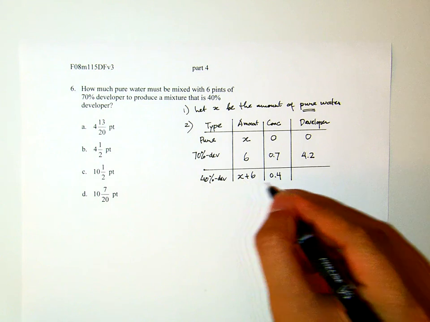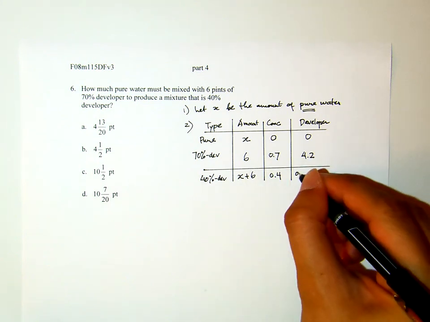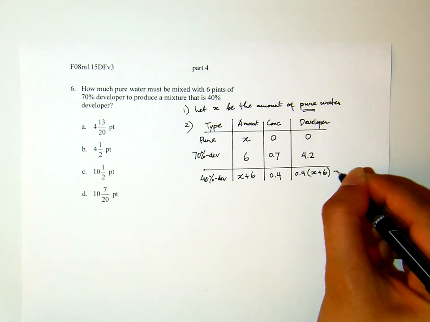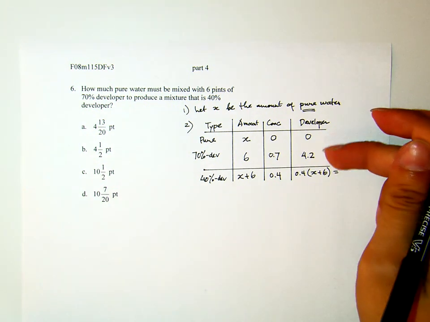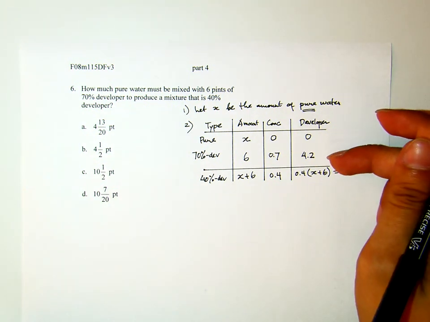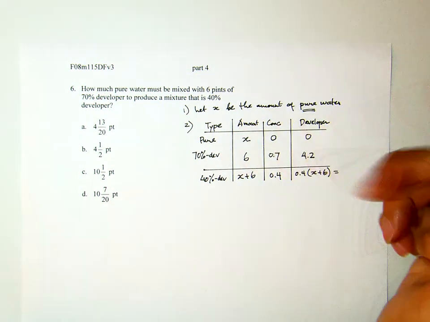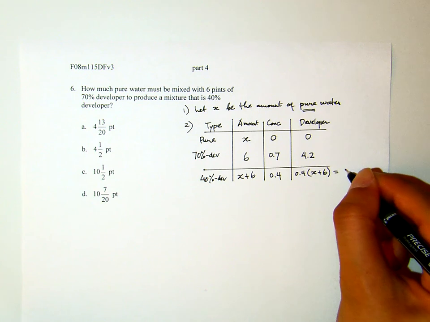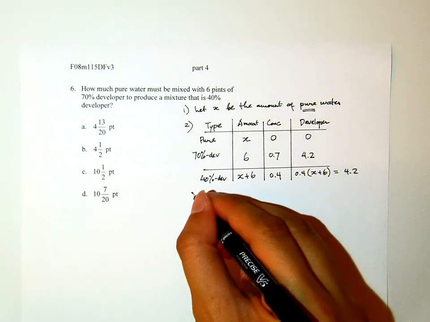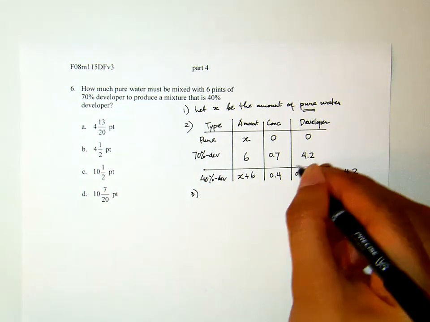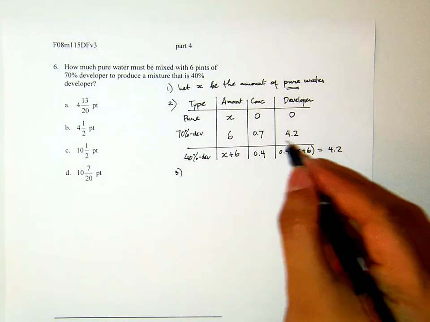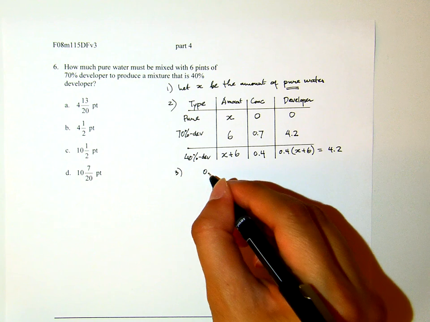The one we want is the product 0.4 times X plus 6. This is supposed to equal the sum of developer in those two things, which is 4.2 only. In my step 3, that's the thing I need to solve. Let me copy that down.